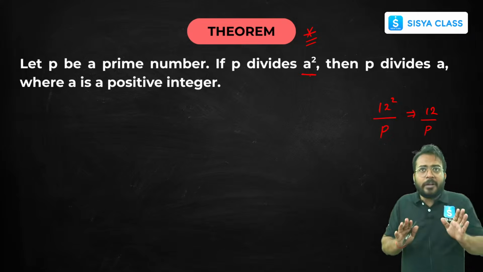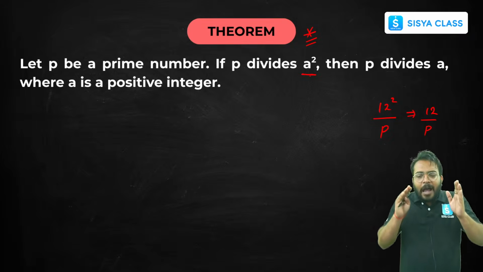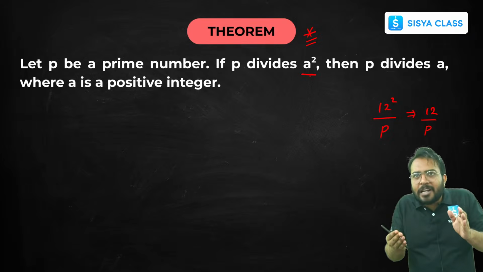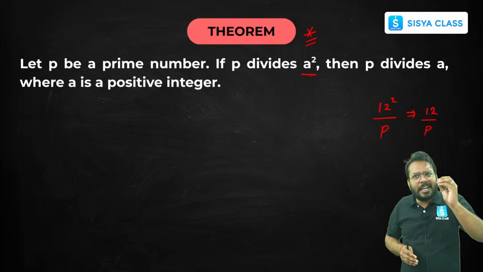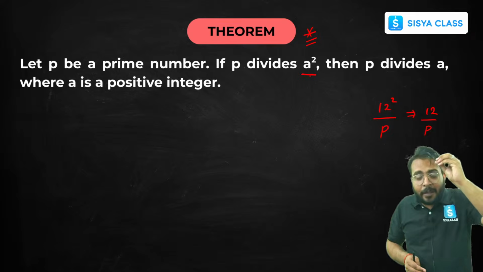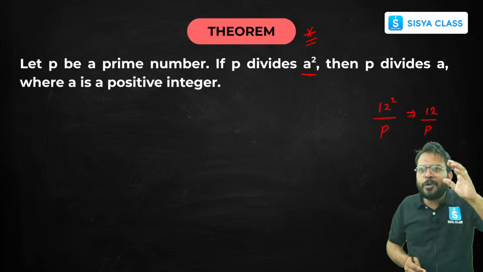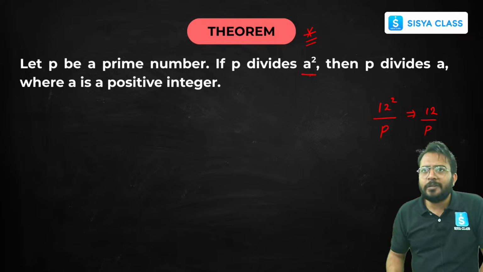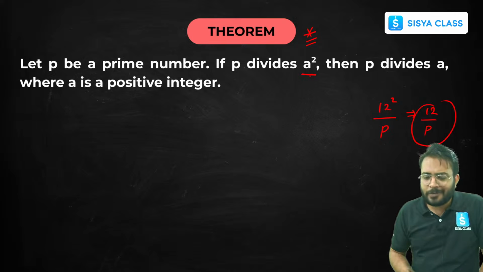Understood my point? If p is a prime number and if it divides a square, where a is any positive integer, then that number a is also going to be divisible by p. This is what this theorem says.